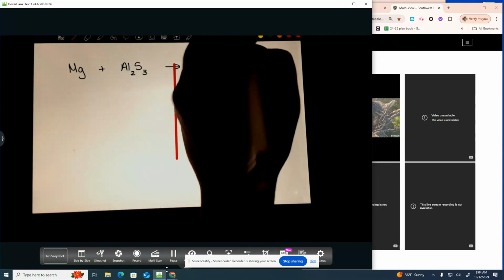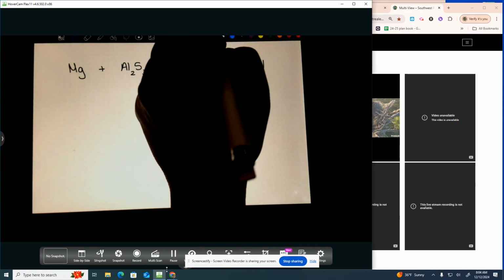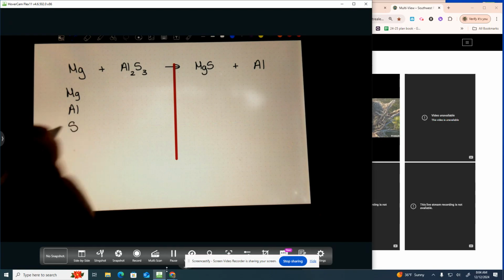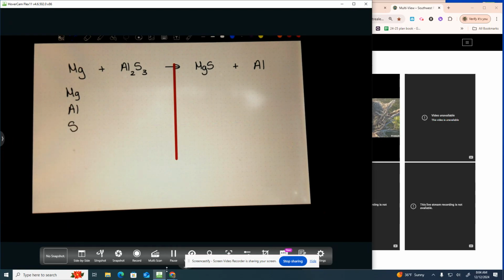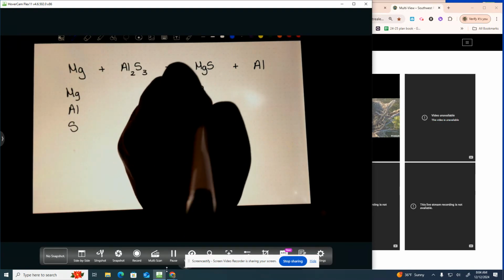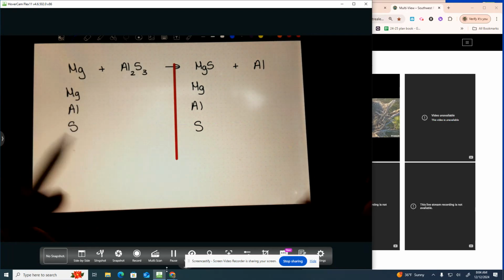Let's count how many we have. So we have got on this side, we've got magnesium, we've got aluminum, and we have sulfur. I'm breaking everything into its pieces. This side, I have magnesium, aluminum, and sulfur. Keep them in the same order so that it's easy to compare.